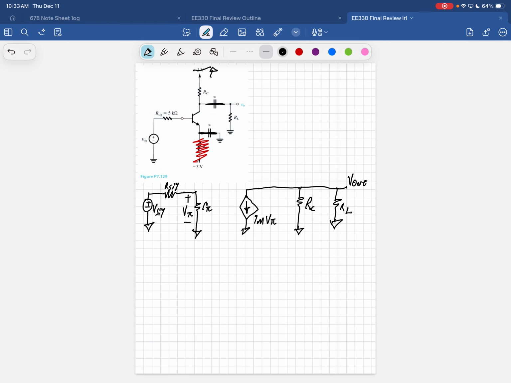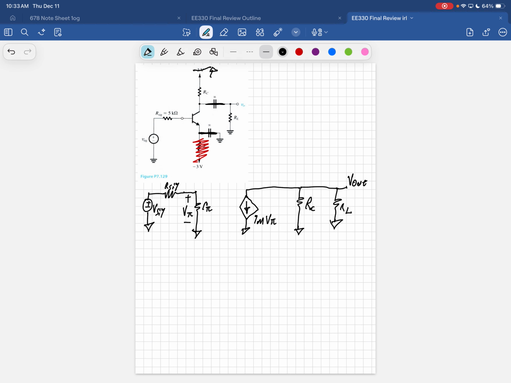All right. Now that we have our small signal model, we can start deriving the small signal voltage gain. What would the input be for this one?